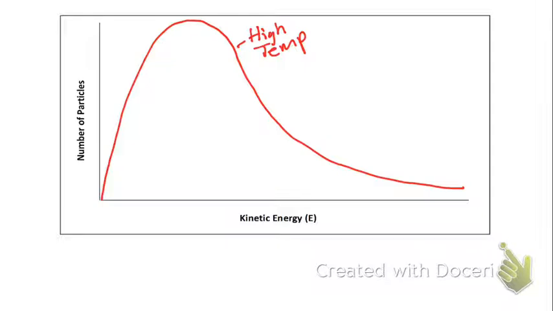And then we're going to compare that to one at a lower temperature, or sorry, this is going to be the lower temperature. Let's use this as the low temperature. All right. Now we're going to increase the temperature.